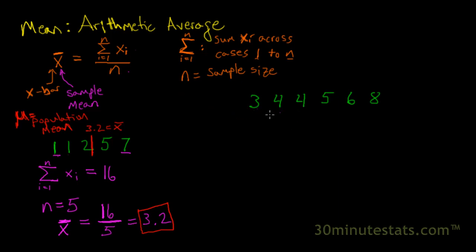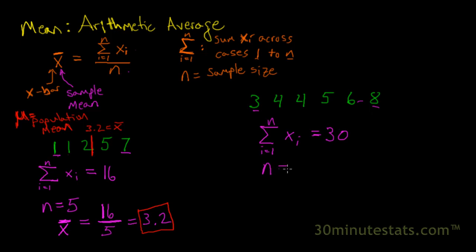We would start by calculating the sum from i equals 1 to n, from the first observation to the nth observation. We want to add up all the values of x. So 3 plus 4 is 7, plus 4 is 11, plus 5 is 16, plus 5 is 22, plus 8 is going to be 30.